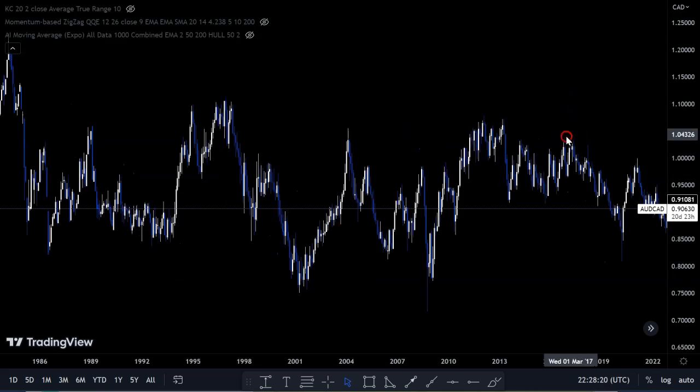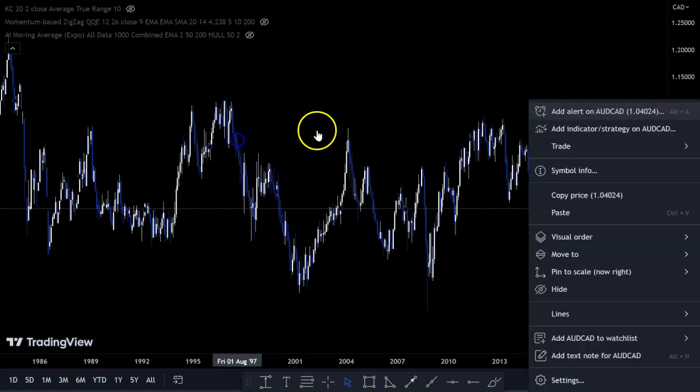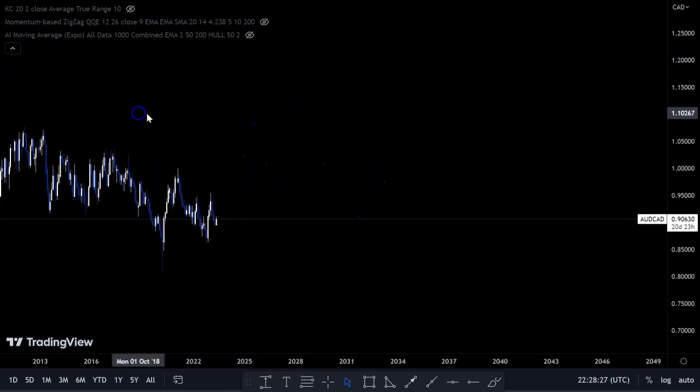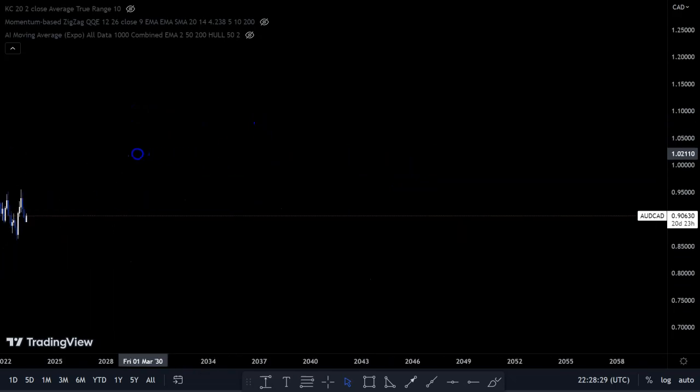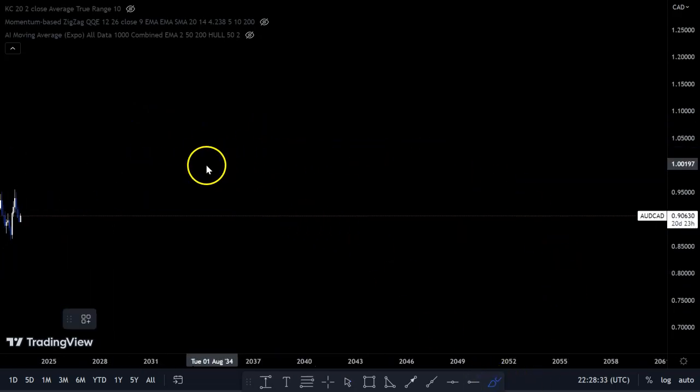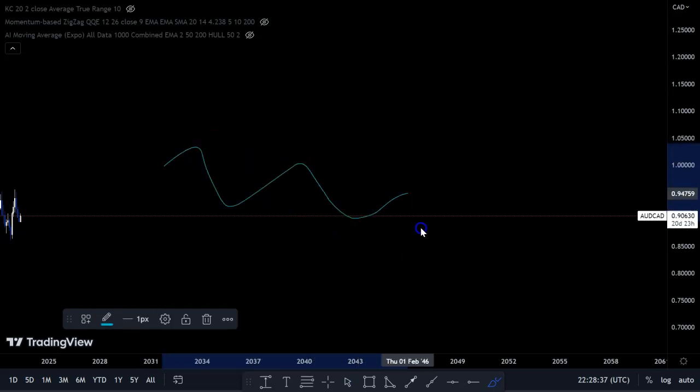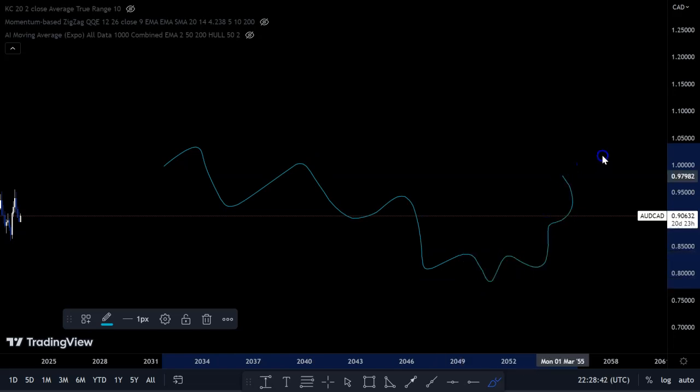So let me use my little drawings and try to explain that. I want to remove the chart. So if this is the market that is moving this way, and then it ended up moving this way.